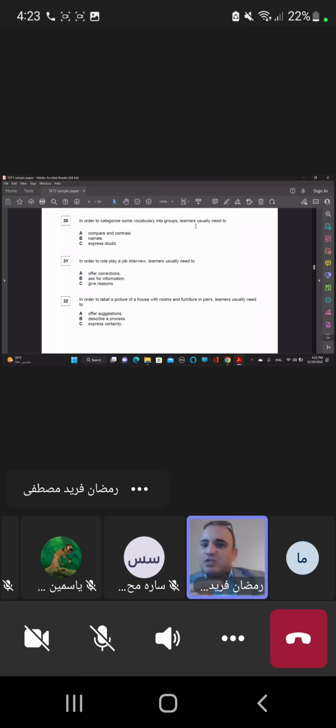No. Can I compare and contrast? Yes, by telling that this word is the opposite of that word, and that's why it does not come with that category. Express doubt means I'm not sure that this word can belong to that group. But narrate is completely irrelevant, and that's why it is the correct answer.